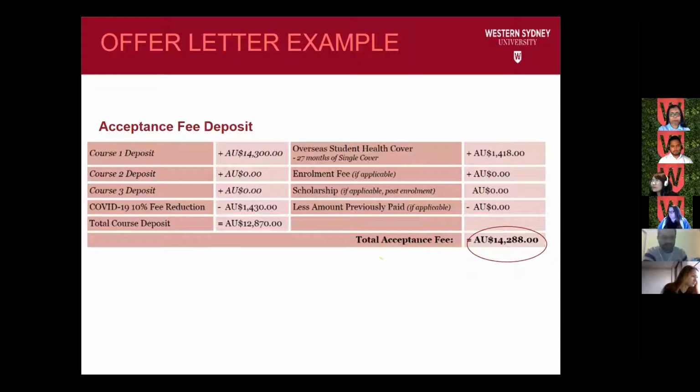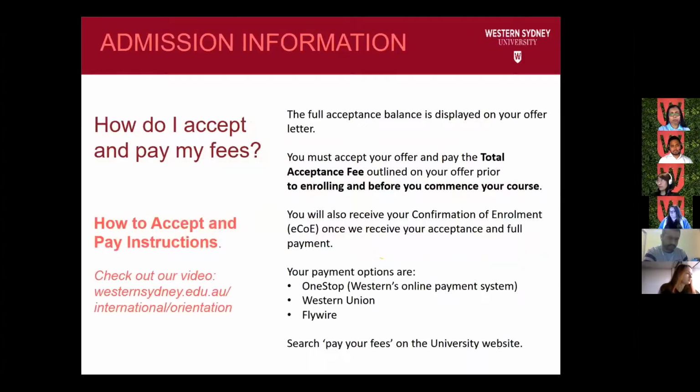Now that amount is going to be different for different people, depending on what the tuition fees is for your course. Okay, so it's not all $14,000. This is just an example for people. All right, so you must refer to your offer document.